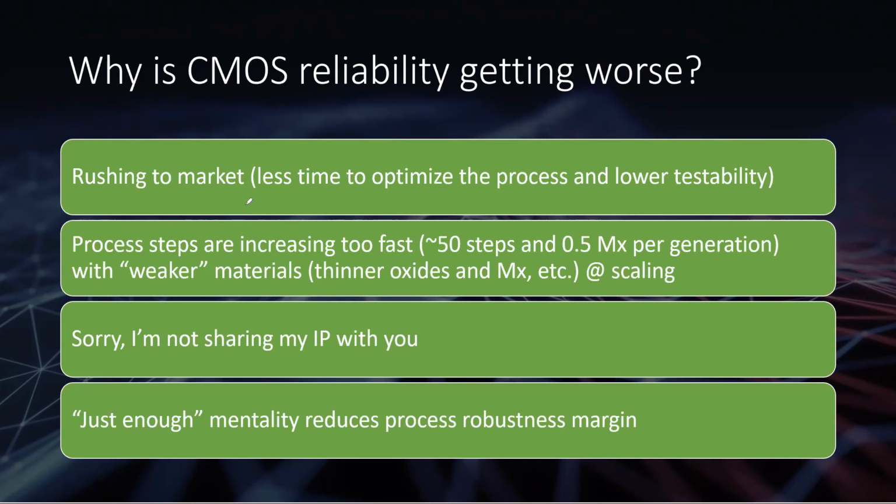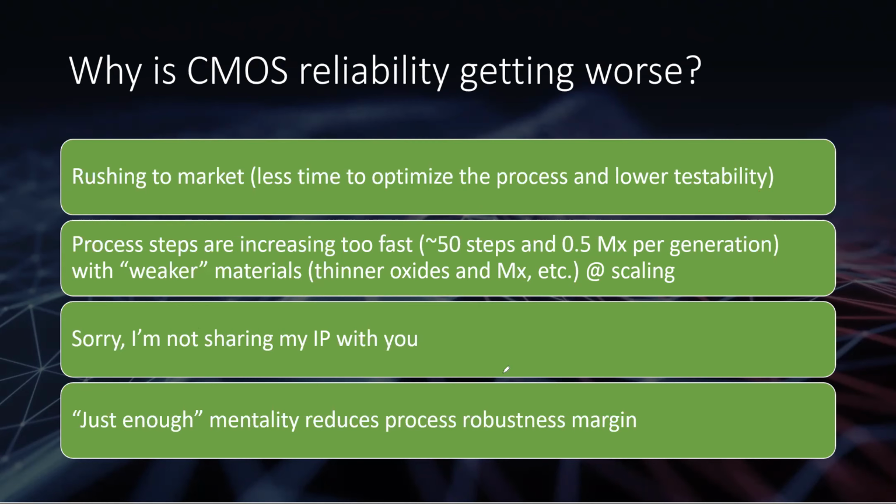So they are rushing to market with more advanced process technology, meaning that the foundry has less time to optimize the process, and there's lower testability because the process steps are increasing too fast. For every generation, you are adding like 50 steps and 50% more metal layers. Okay, so that's the current trend being observed.